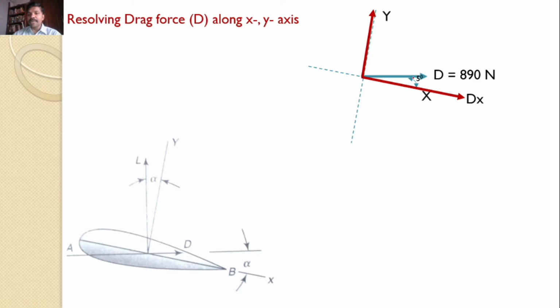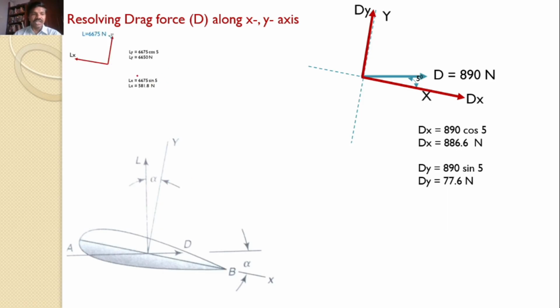Since the D force makes an angle of 5 degrees with the x-axis, Dx becomes the cos component, that is 819 cos 5, and Dy becomes the sine component, that is equal to 77.6 newtons. So these two are the components of the D force along x and y axis.